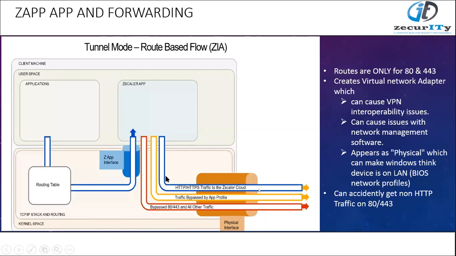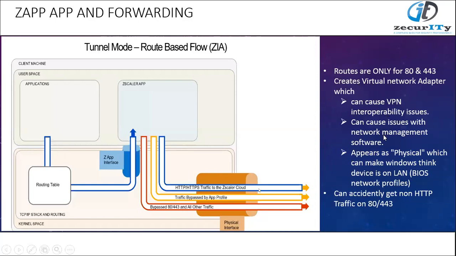A tunnel will be established only for HTTP and HTTPS traffic towards the Zscaler cloud. So all of your applications will hit the Zscaler app based on the routing table. Routes are only for 80 and 443. The routing table will create a route for 80 and 443 against the Zscaler app interface. That interface can also cause VPN interoperability issues, because this is also a virtual adapter, and the same way a VPN also will create a virtual adapter.